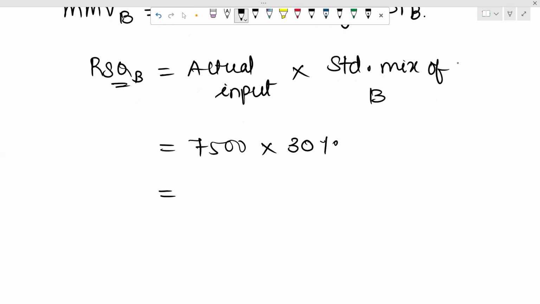So when we take 30% of 7,500, we get 2,250 kg. So this is the revised standard quantity.